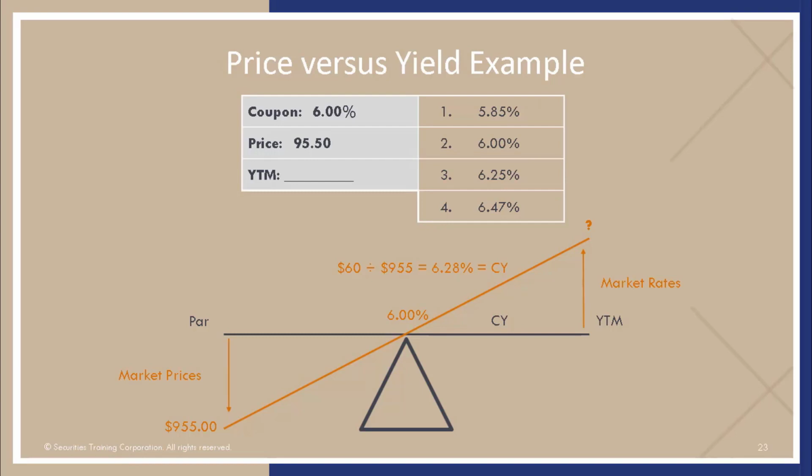Since there's only one choice above that, and it's relatively close, not 9%, we know that's the correct answer, which is 6.47%. So again, in this one, we had to do a little bit of math, but generally speaking, the yields work like this: on a bond trading at a discount, it will be the nominal yield, the current yield, and the yield to maturity. And if a bond's trading at a premium, it's the exact opposite.